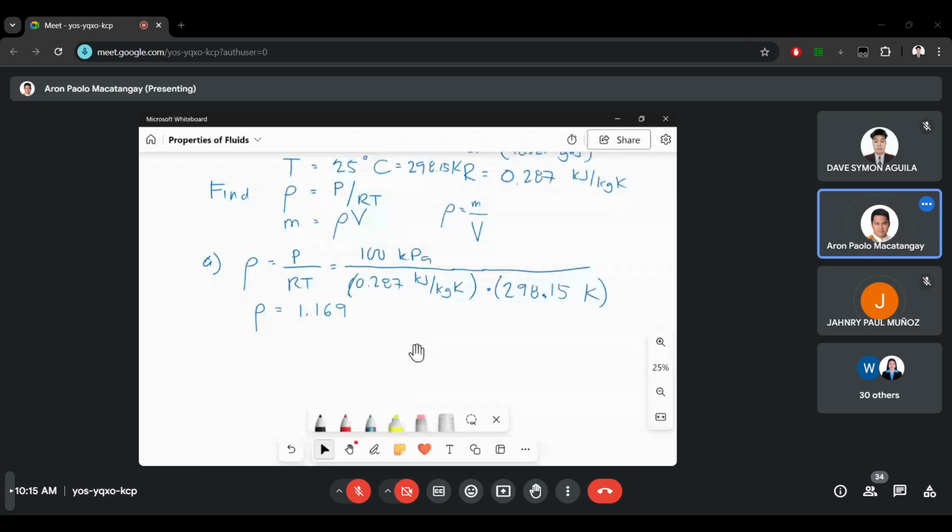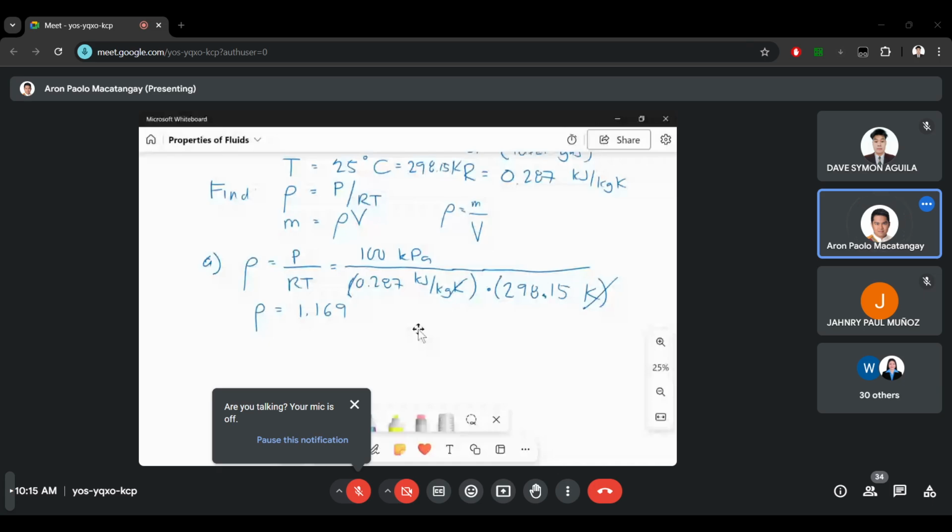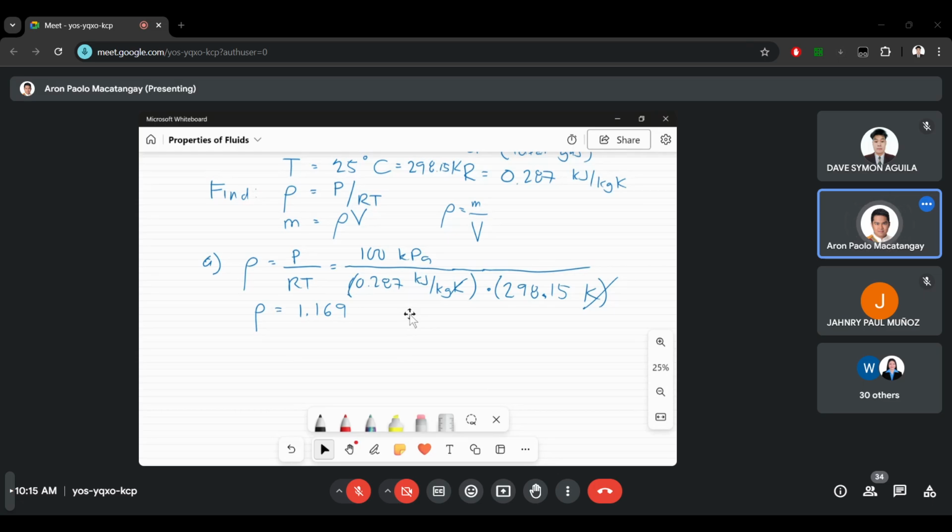Then, ang units natin, the Kelvin will cancel. Actually, itong kPa tsaka kilojoule per kilogram, may equivalent yan na cancel.